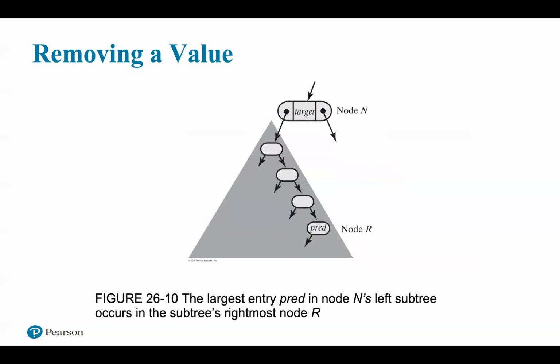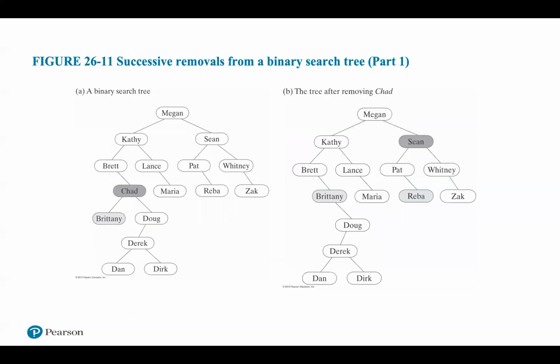We already know that pred must be in n's left subtree, and that pred is the largest entry in that subtree. Therefore, pred occurs in the subtree's rightmost node R, as Figure 26.10 illustrates. The node R cannot have a right child because if it did, the child's entry would be greater than pred. Therefore, node R has no more than one child and so can be removed from the tree easily.